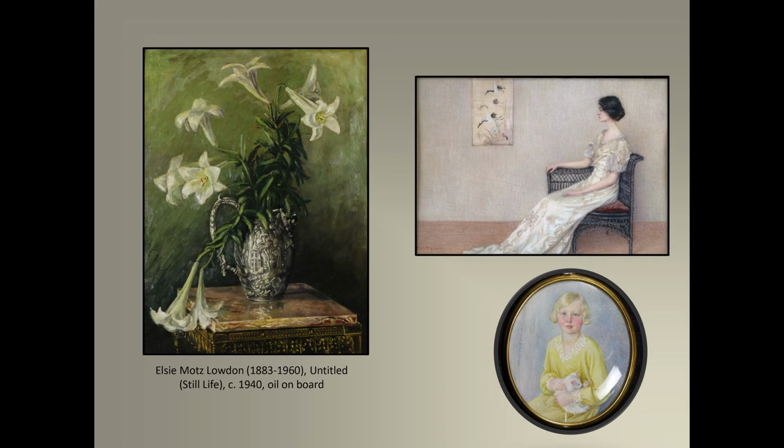Nonetheless, a closer look at this untitled oil painting by Elsie Motts Loudon, who was nationally known for her portraiture, reveals that expert visual renderings of inanimate objects continue to be worthy of admiration and respect for the artist who created them, as well as a singular work of art.